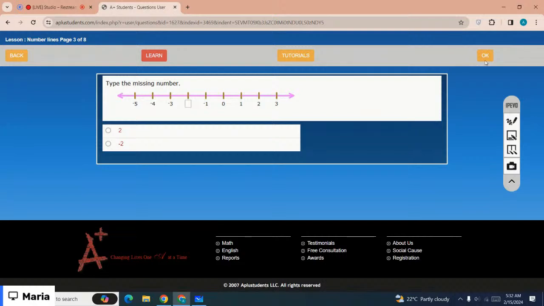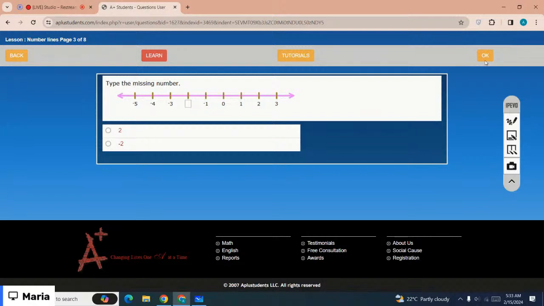Which number is missing? Yes, that is negative 2.